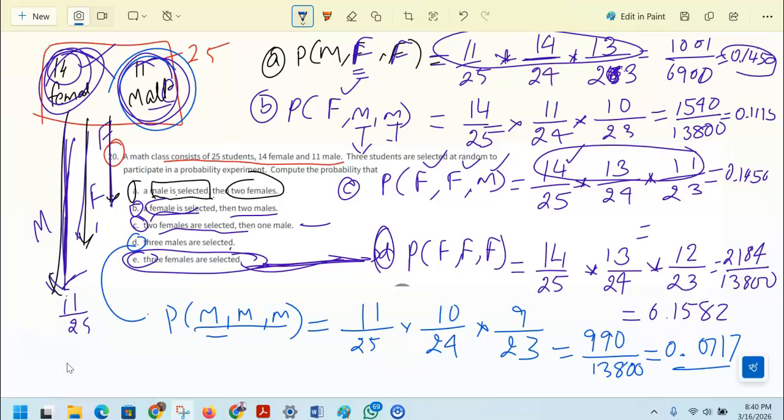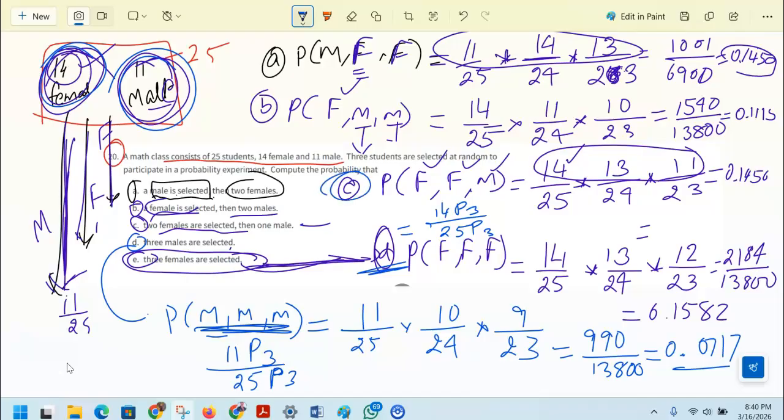This could also be written as: out of 25, you are picking 3. You could write like this also, permutations. The top one is male, there are 11, so 11P3 like this also. Because in this case, you could have also written this same thing, 25P3, and the females are 14, so you could write 14P3.